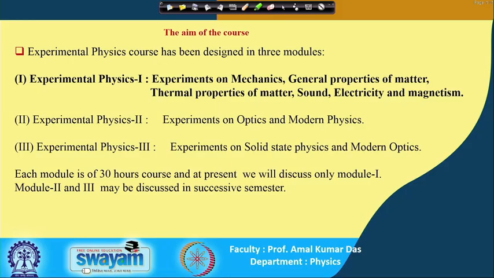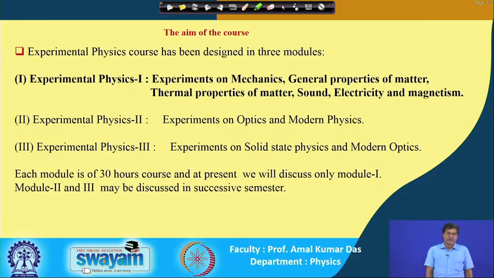We have designed the course in 3 modules. Experimental Physics 1: there we will discuss experiments on mechanics, general properties of matter, thermal properties of matter, sound, electricity and magnetism. Then Experimental Physics 2: there we will discuss experiments on optics and modern physics.